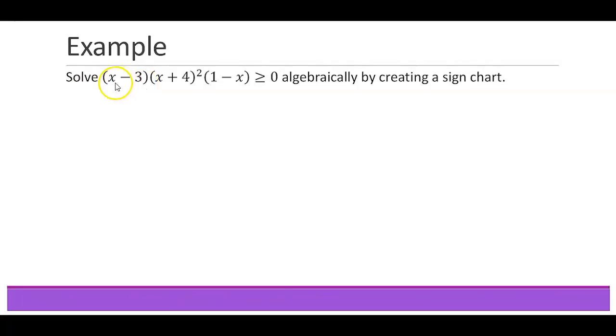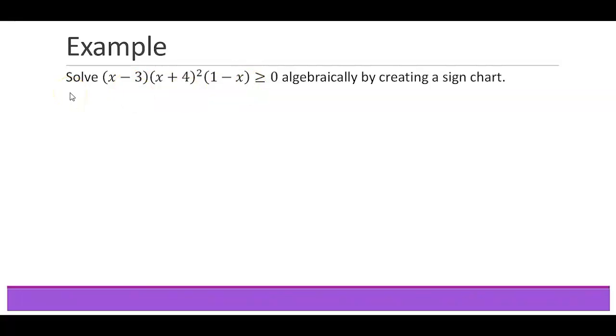In this example, we'll solve quantity x minus 3 times quantity x plus 4 squared times quantity 1 minus x greater than or equal to 0 algebraically by creating a sign chart. So algebraically means by creating a sign chart as opposed to doing a graph. Well, thankfully this is already in factored form. So what we need to do is set this equal to 0.